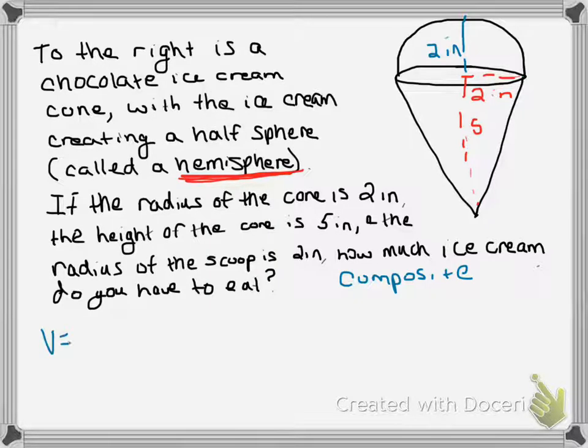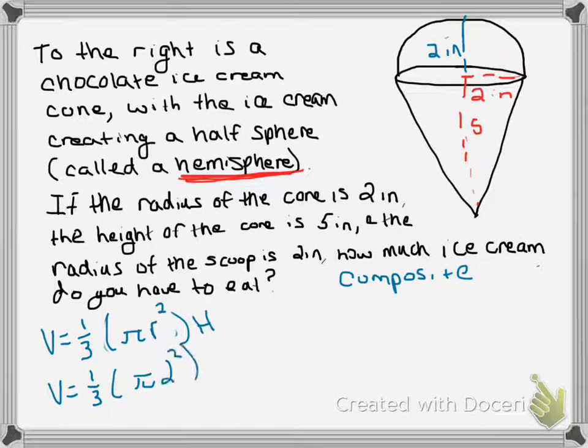We know that the volume is equal to 1/3 area of the base times the height. Our shape of the base is a circle, so I can replace area of base with pi r squared. So volume is 1/3 pi, my radius is 2, so 2 squared, times the height, which is 5.